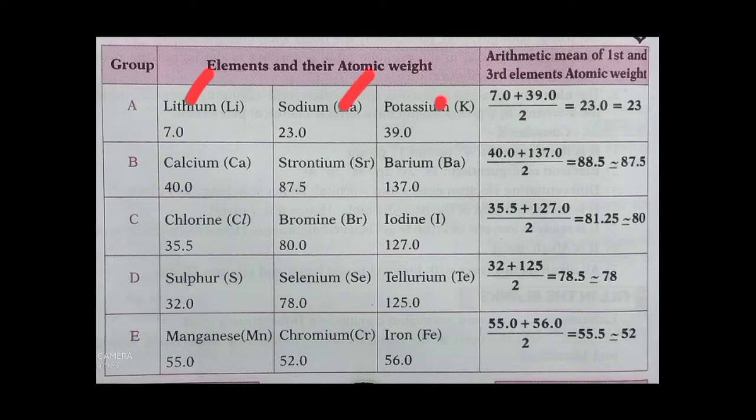In this, he arranged the elements in increasing order of their atomic weight. Let us see the first group. Here the atomic weight of lithium is 7.0, sodium is 23.0 and potassium is 39.0. In this way, he classified the elements in increasing order of their atomic weights in each group.